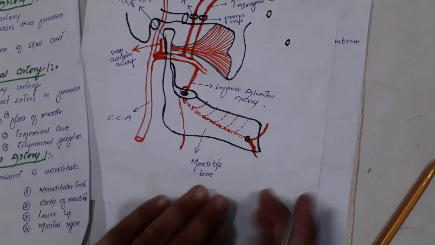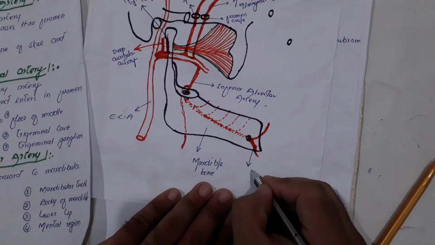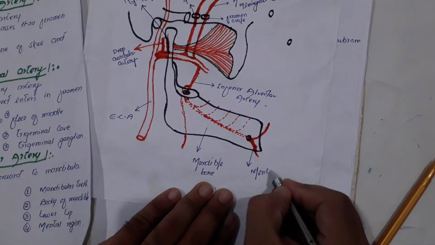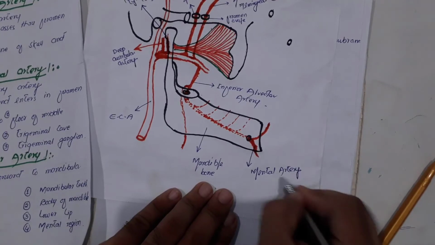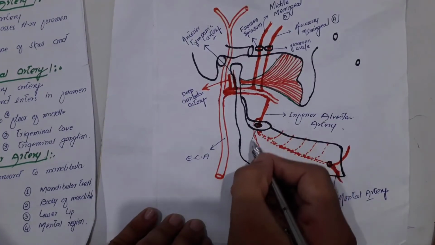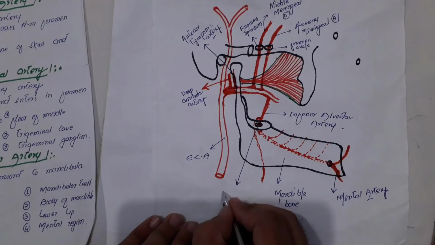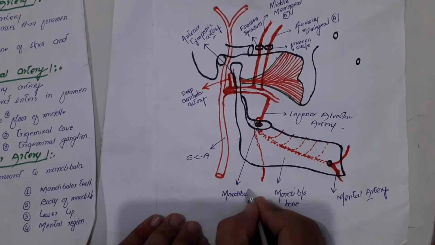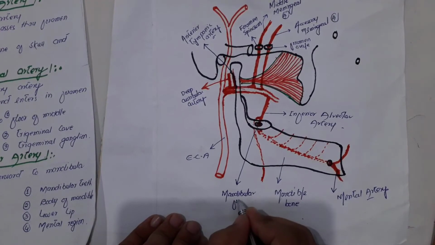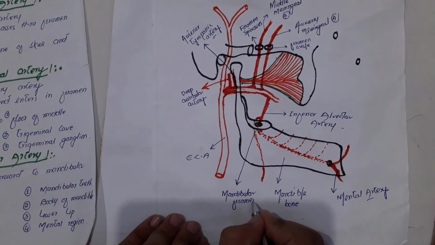Clear, friends? Okay, and this artery is the mental artery. Mental artery. Right? This foramen is the mandibular foramen. Mandibular foramen. Right?